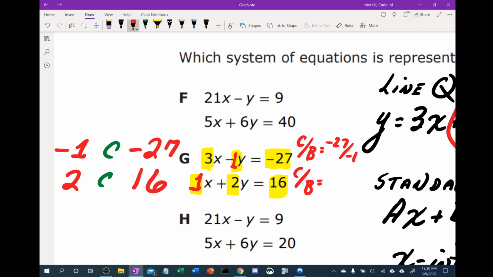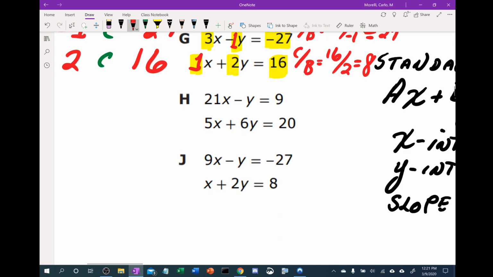Over here for this one, what's my C value? What's my B value? Okay. So negative 27 divided by negative 1 is just 27. 16 divided by 2 is 8. We found that this one was right, but if we had done 8 divided by 2, we would have gotten 4, so we didn't actually finish the problem.